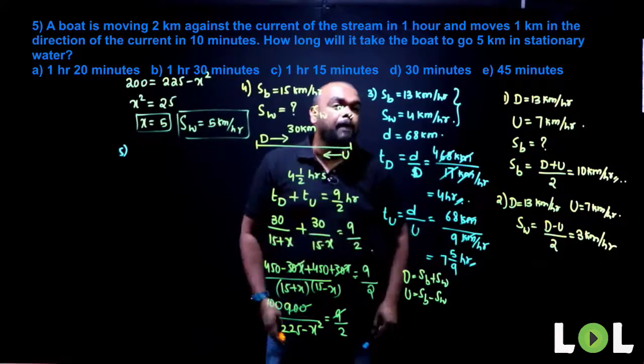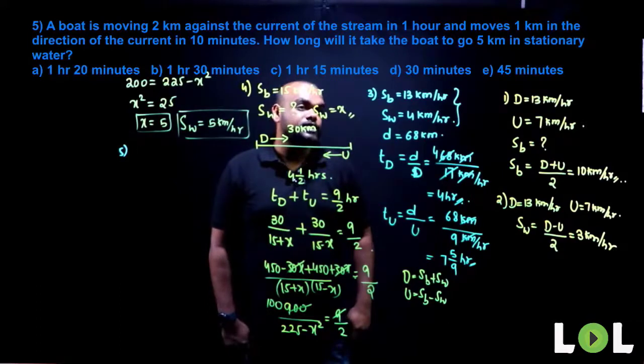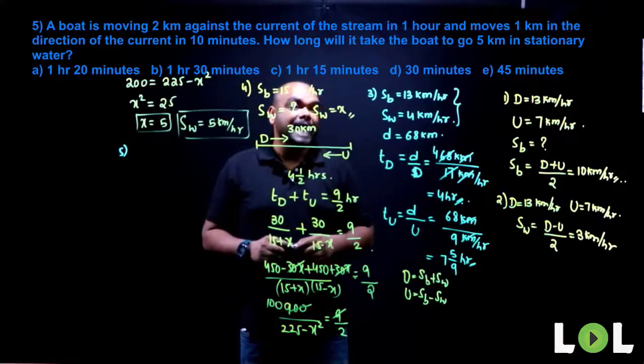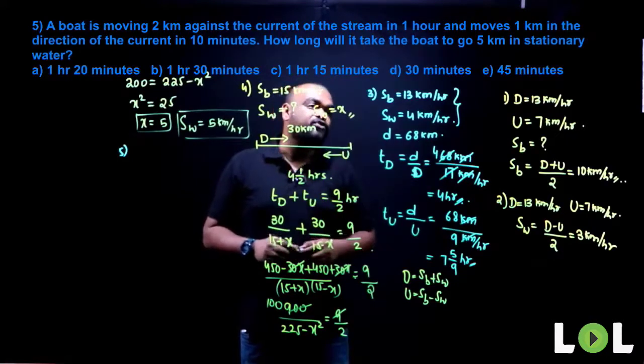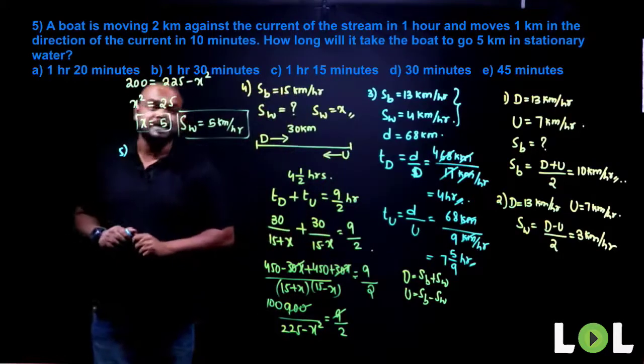Now, a boat is moving 2 kilometers against the current of the stream in 1 hour and moves 1 kilometer in direction of the current in 10 minutes. How long will it take the boat to go 5 kilometers in stationary water? That is still water. Okay, listen to me.